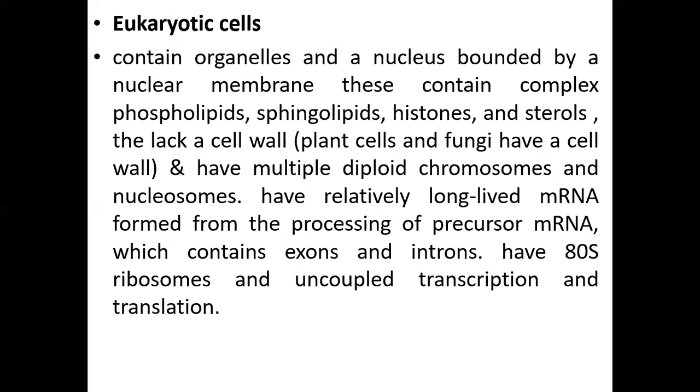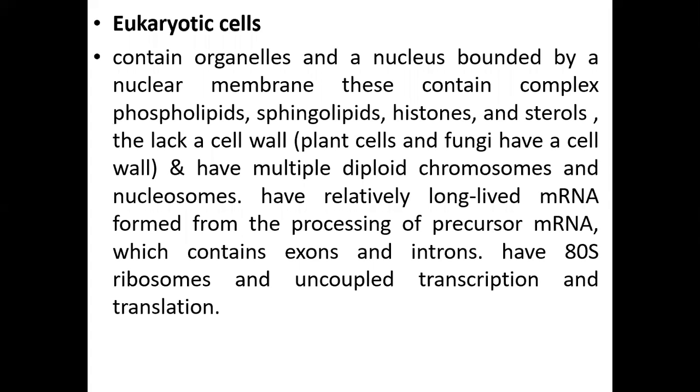While eukaryotic cells contain organelles such as mitochondria, Golgi apparatus, and the nucleus bounded by a nuclear membrane. This means a true nucleus. These contain complex phospholipids, sphingolipids, histone in the DNA, and sterol. They lack a cell wall. Plant cells and fungi have a cell wall, but it does not contain peptidoglycan. Peptidoglycan is specific for bacteria.